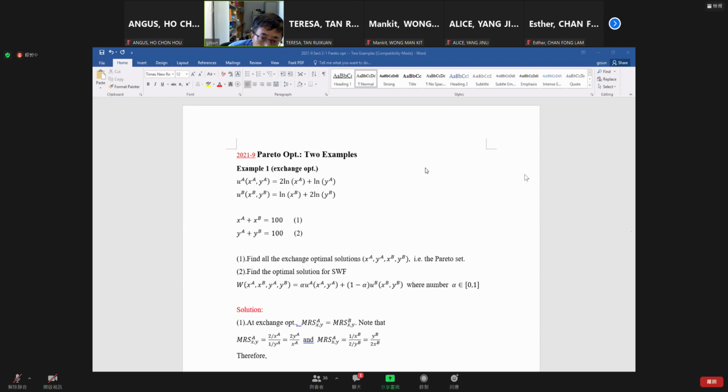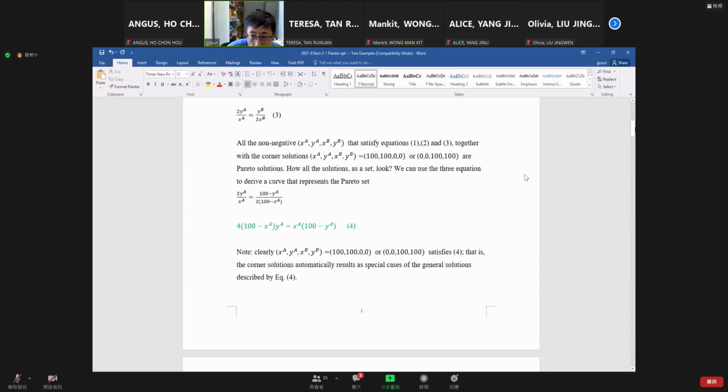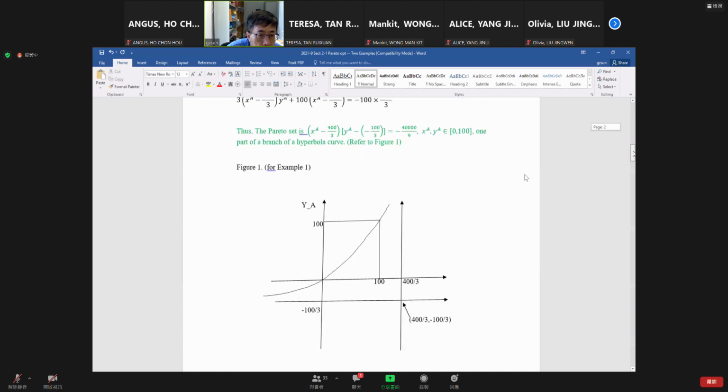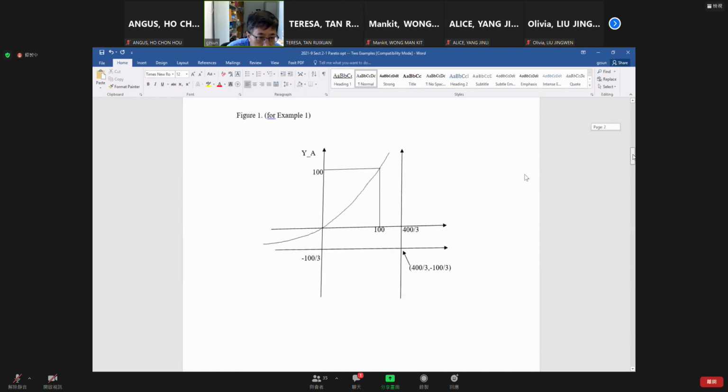Or do you find that we spent much time and made a lot of effort, and eventually we found the solution? Do you find that the solution is quite intuitive, right? It's quite sensible. If you look at the curve, this is the solution for the first one.